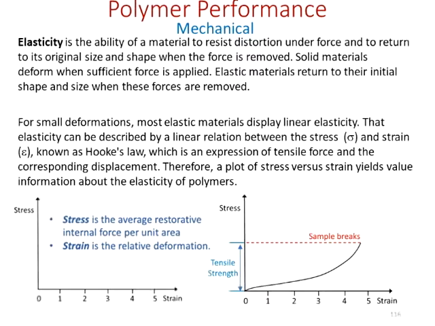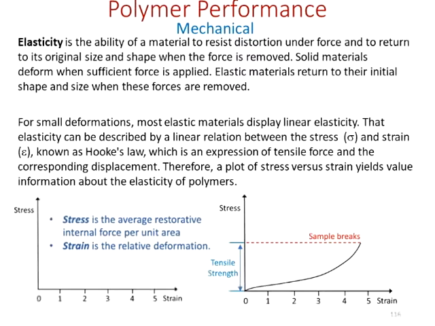That elasticity can be measured by a linear relationship between the stress and the strain. Okay, as we show you again on the stress-strain curve. Okay, and that's known basically as Hooke's law.